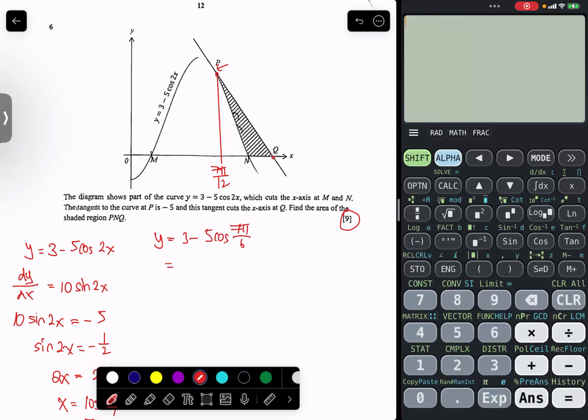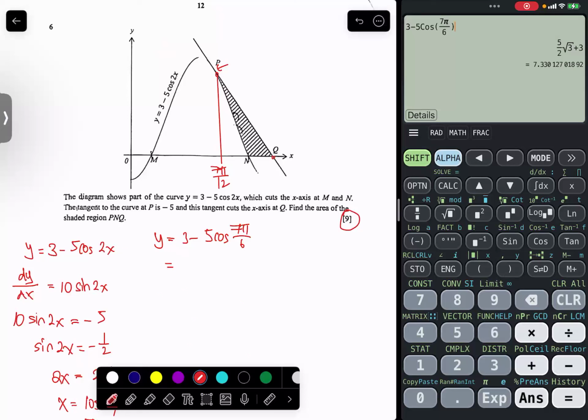Let's see what it would be in the calculator: 3 minus 5 cos 7 pi over 6. Okay, so it's root 3 over 2.